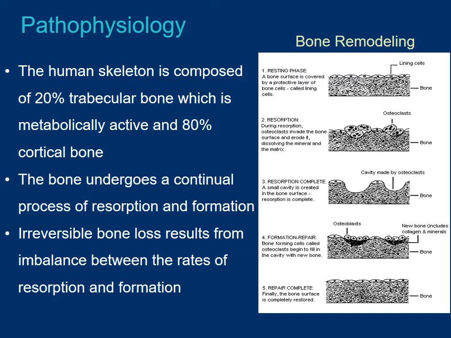This usually occurs at the areas where there is more than 50% of trabecular bone, and this imbalance between the rate of bone formation and bone loss occurs particularly in situations of increased bone turnover, for example after menopause, and usually this is due to loss of the anabolic effect of estrogen on the bone due to estrogen deficiency.